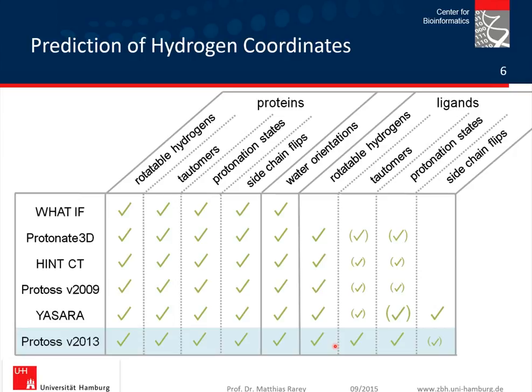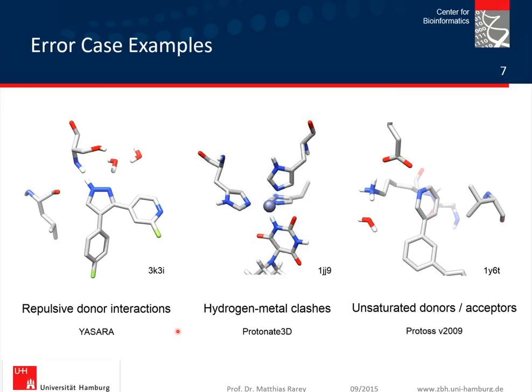And I will give you a rough introduction to what it does and what the influence actually is. Here is just to give you an idea of what can go wrong. If you look at the structures, you will immediately see the errors, but for the computational tools, it's sometimes not so simple. Here you see, for example, repulsive donor interactions, so two donors pointing directly at each other.